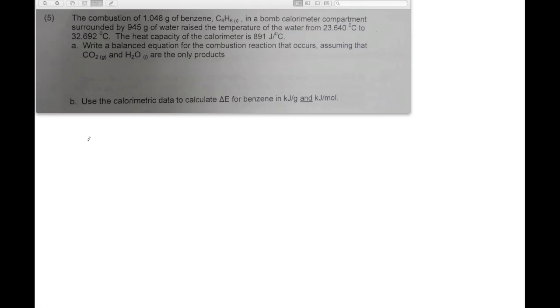Well, since it's a combustion, it'd be C6H6 liquid plus O2 goes to CO2 plus H2O. You can put a number 1 in front of C6H6 and put a number 6 in front of CO2. Maybe you shouldn't put a number 1 in front of the O2 yet, but we can put a number 3 in front of the H2O.